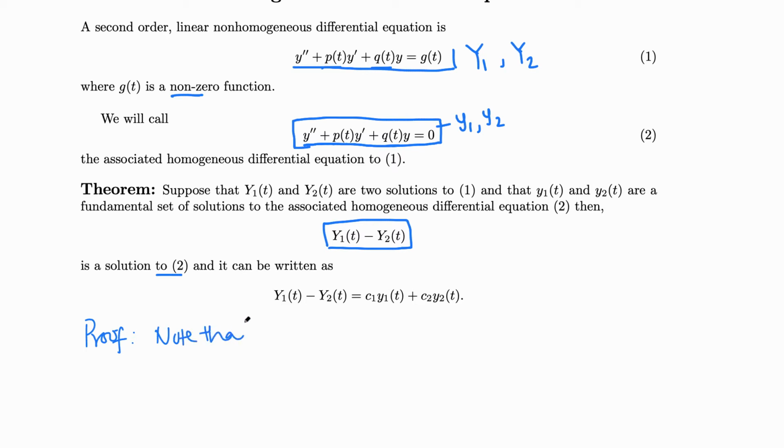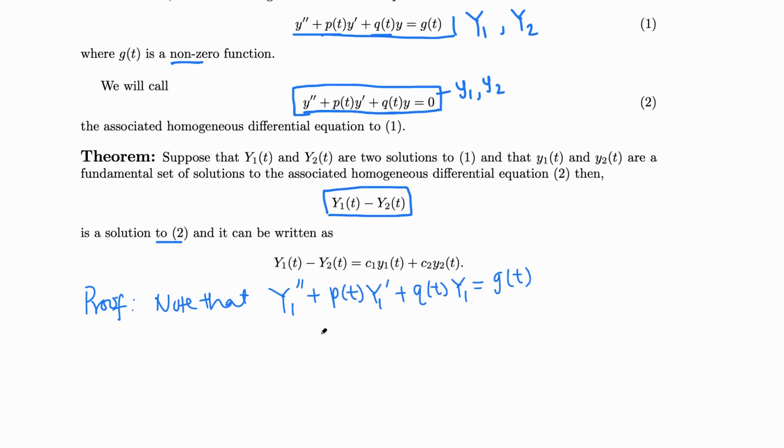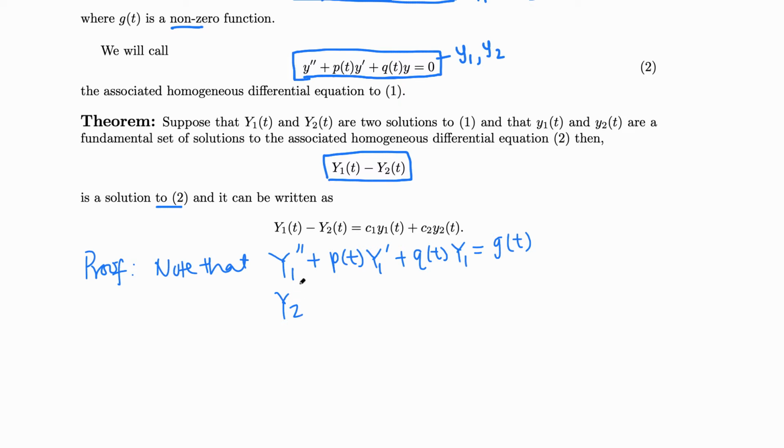Note that Y1 double prime plus p(t) Y1 prime plus q(t) Y1 equals g, because Y1 is a solution. Similarly, Y2 is a solution, so this is true.